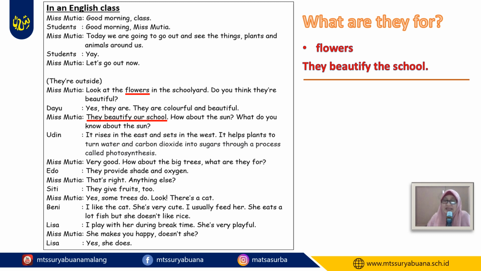Now let's move on to the sun. How about the sun? What do you know about the sun? "It rises in the east and sets in the west. It helps plants to turn water and carbon dioxide into sugars through a process called photosynthesis."